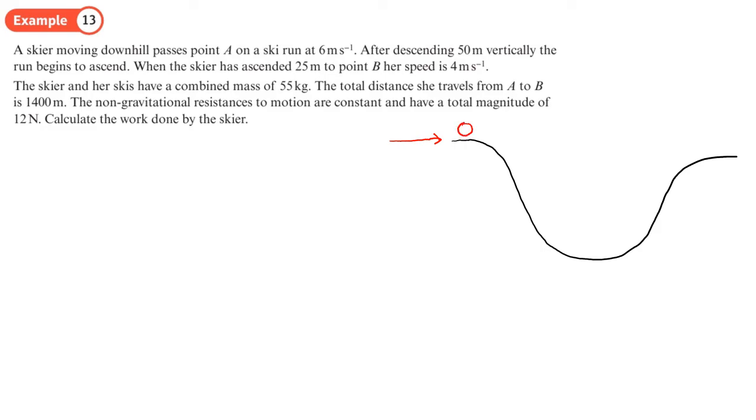They're at 6 meters per second. They go down 50 meters, so let's just draw that. Let's put this down at the bottom here. So this is a distance of 50 meters, which they drop. And then they go back up 25 meters, so this is 25 meters up to this point here.